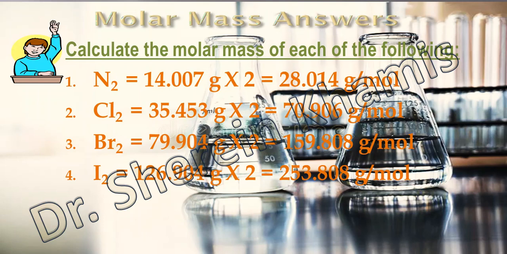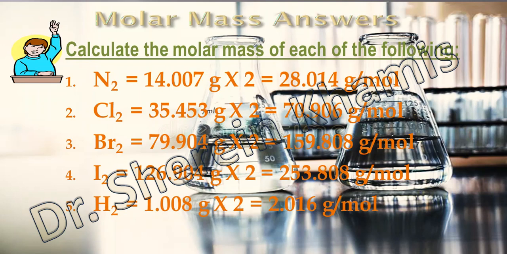It will give a molar mass of 159.808 gram per mole. The last one here is iodine, whose atomic mass is 126.904 gram times 2, equal to 253.808 gram per mole.